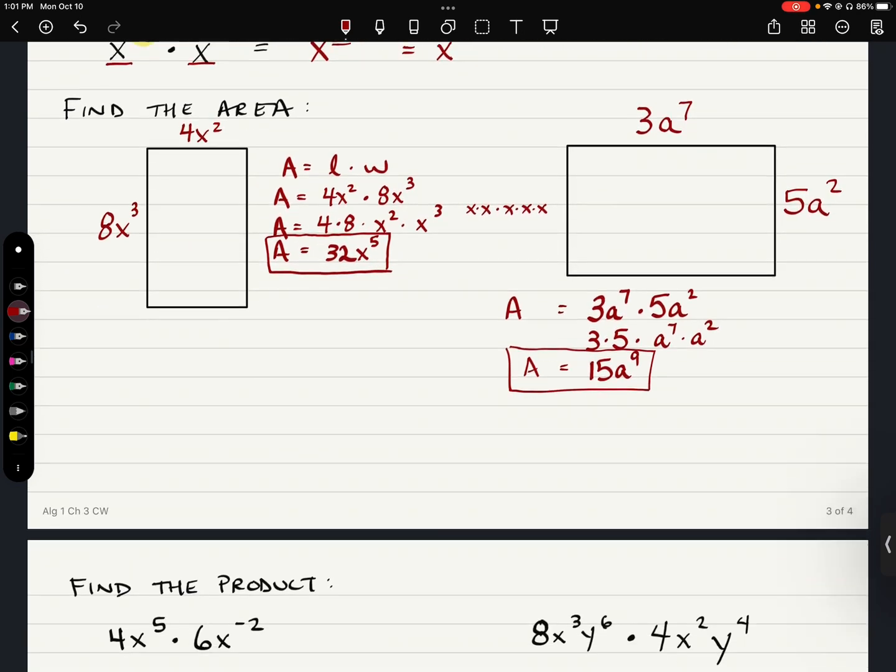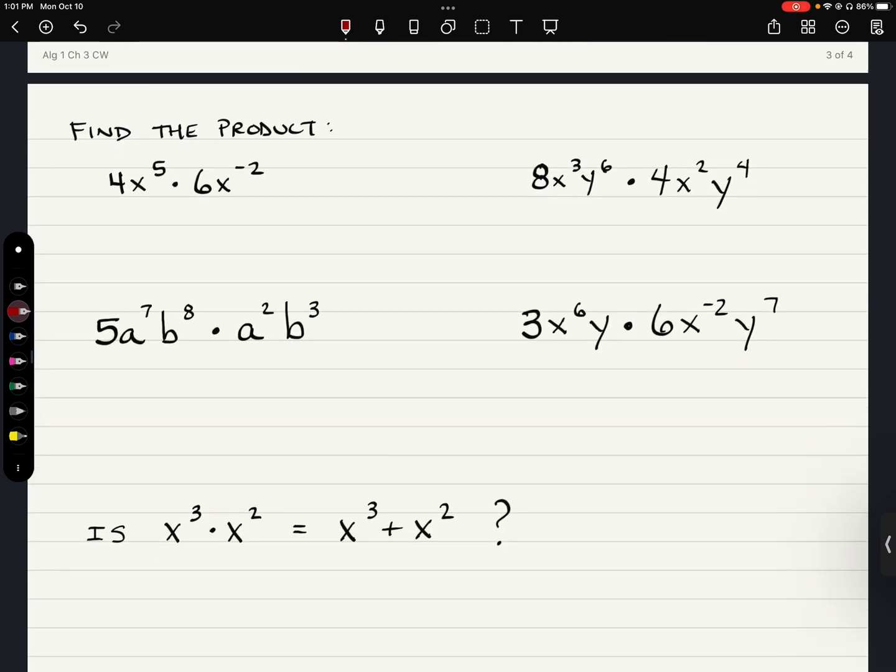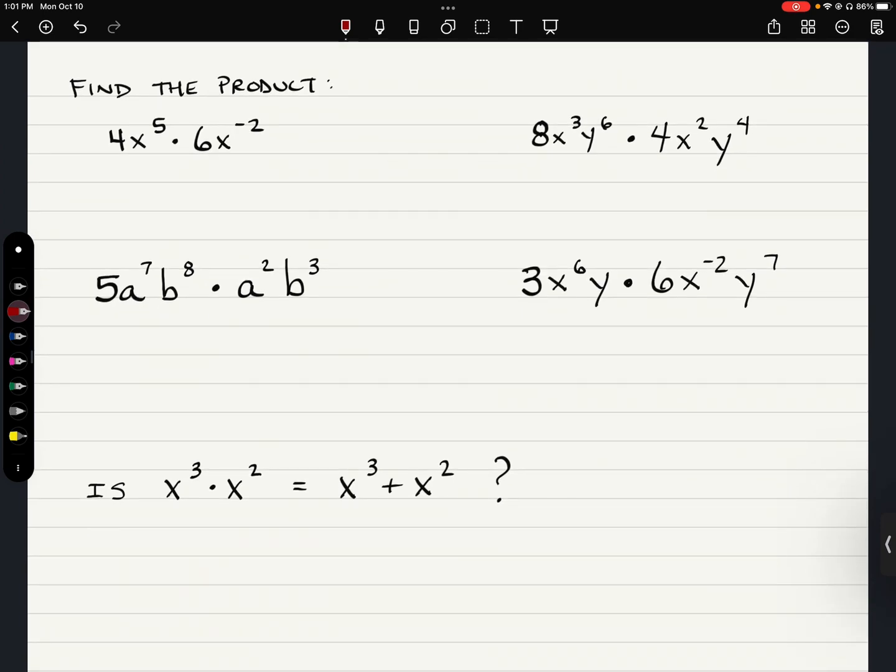All right, so hopefully we're feeling good about these so far. I got just a couple for you to try now. It says find the product. I have 4x to the fifth times 6x to the negative second. So let's first write it out here. We have 4 times x to the fifth times 6 times x to the negative second. I'm going to rearrange them.